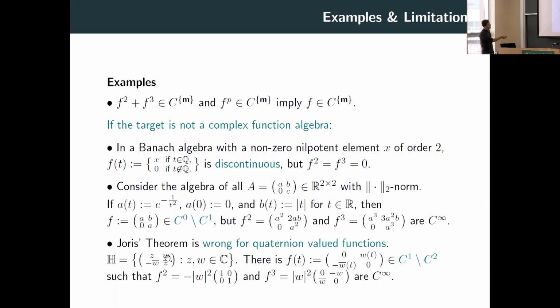And then let me look at this function. If you compute the square, it turns out to be this expression. If you compute the cube, it turns out to be this expression. You can find a function w of t which is not C^2, but all the terms which appear here in the square and in the cube are C infinity. Okay, so this is another limitation. It's not true for quaternions. Okay, thank you very much.